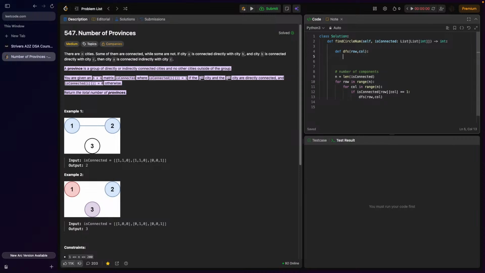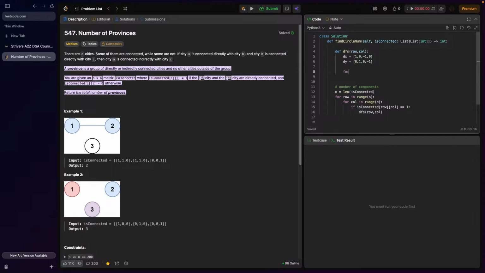You have directions. dx would have 1, 0, minus 1, 0, and then dy would have 0, 1, 0, minus 1. So this will essentially make it go up, down, left, right.